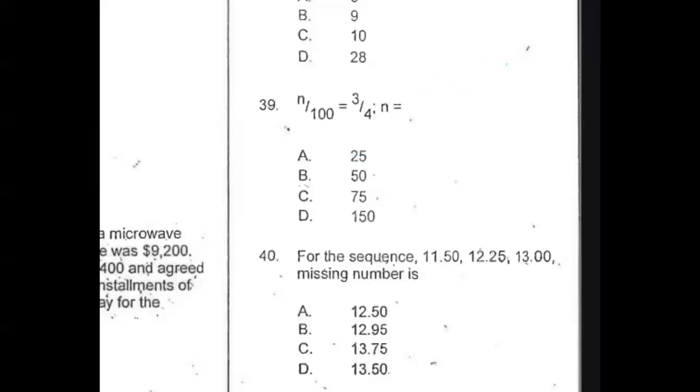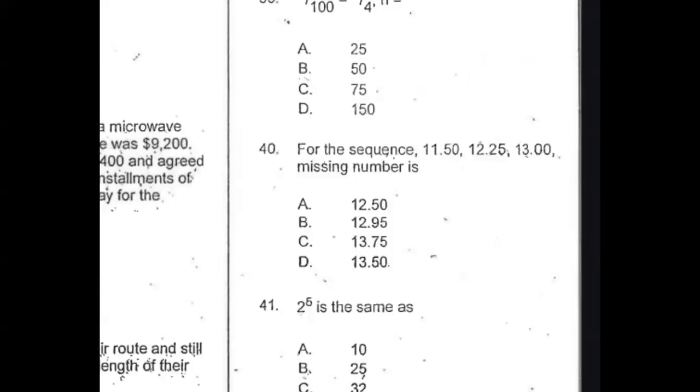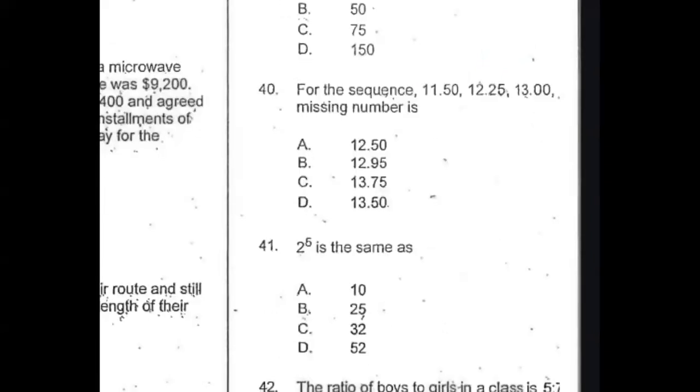All right. What number is missing in the sequence? 11.5, 12.25, 13, I guess 13.75. Because, okay, what do you add to each?